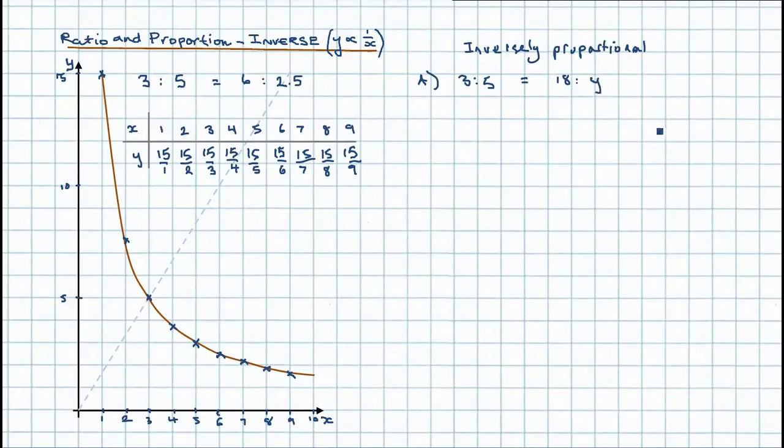So if it's inversely proportional, then y equals our constant of proportionality times 1 over x.